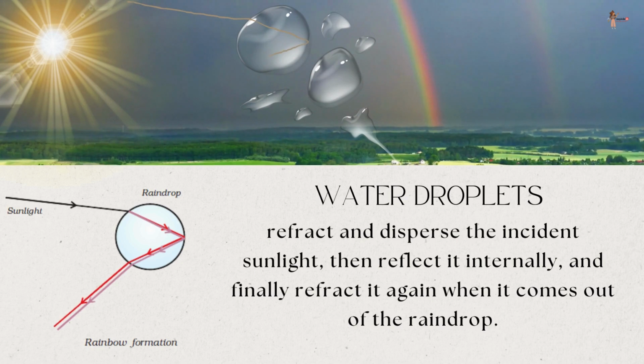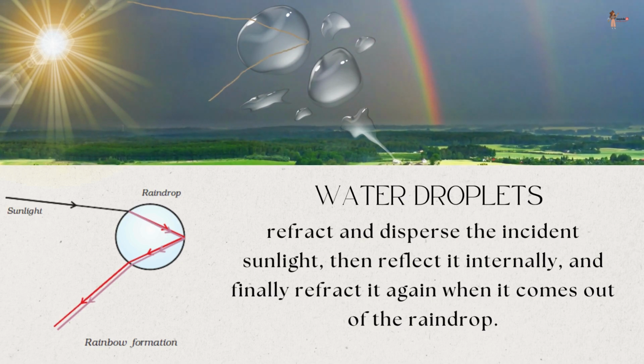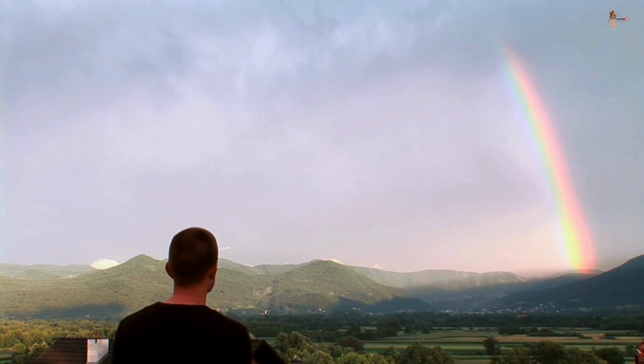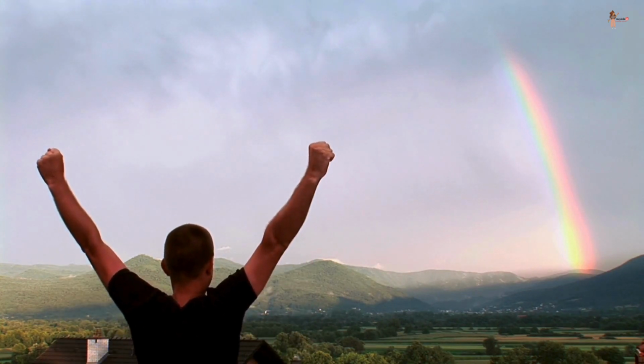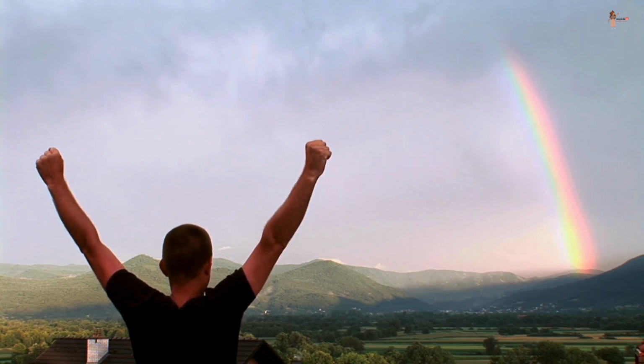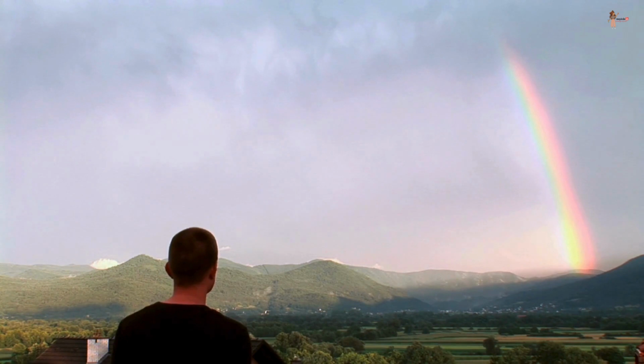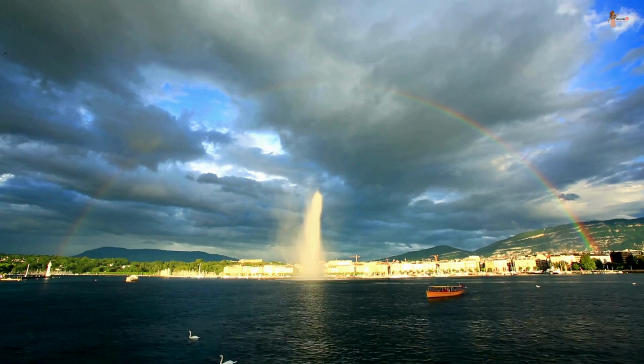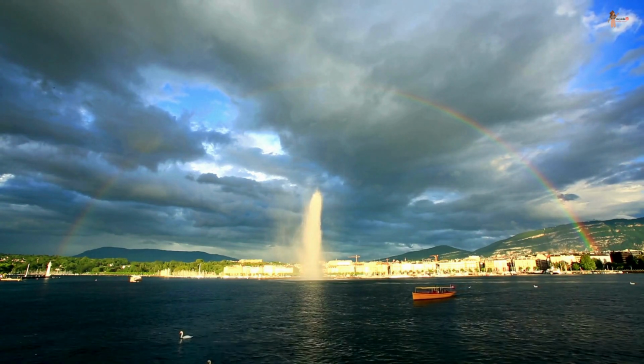They refract and disperse the incident sunlight, then reflect it internally, and finally refract it again when it comes out of the raindrop, as shown here. Due to the dispersion of light and internal reflection, different colors reach the observer's eye. You can also see a rainbow on a sunny day when you look at the sky through a waterfall or through a water fountain with the sun behind you.